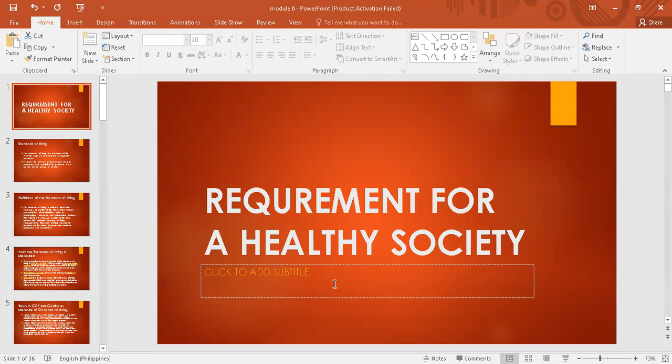So as a global citizen, we have to have knowledge of the requirement, kumbaga yung ano ba itsura ng isang society na masabi nating healthy. Okay. Masabi ba nating healthy ang isang society kapag madaming giyera? Ano ang indication na ang isang bansa ay merong maayos at healthy na society?